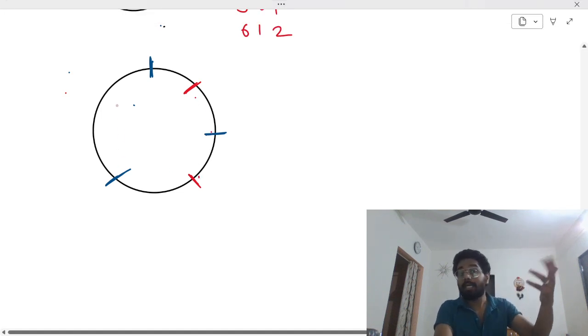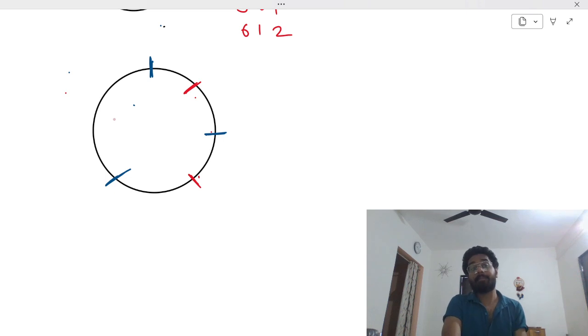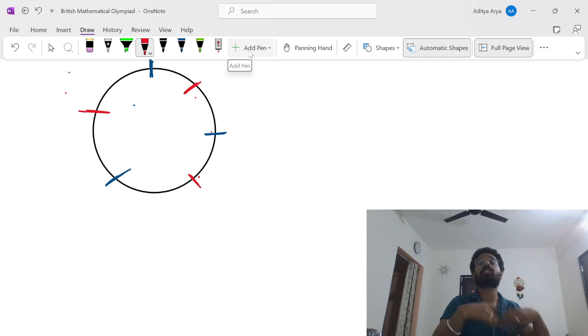You can think of it as red or blue, that's your choice, but we have already concluded it's best to go for the alternate. Alright guys, because we have seen if they are all red, it's 1000. If we have all blue, we have 1000. So the best position we are looking for is alternate.